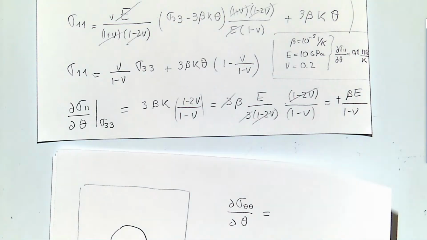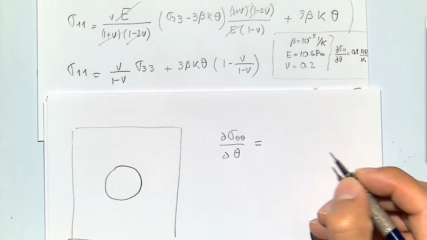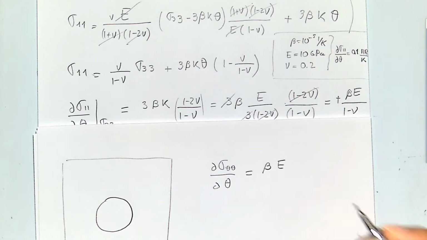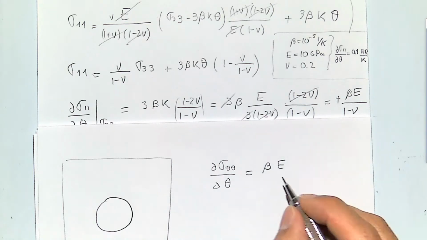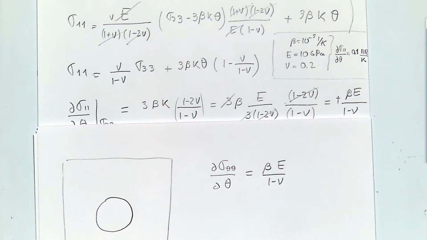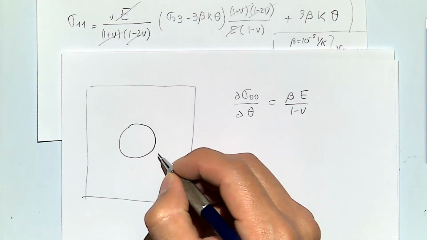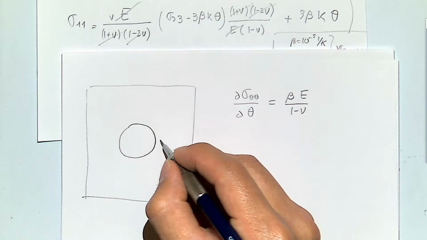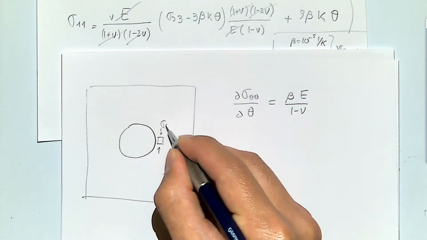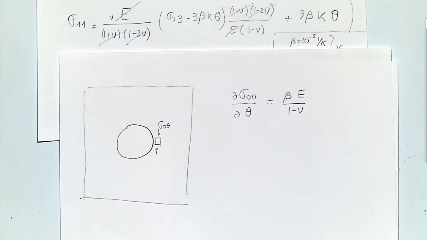It's very similar conditions, and this is just going to be the coefficient of dilation times the Young modulus. Actually, it's the same, divided by 1 minus the Poisson ratio. This would be the change of stress that you would get here in the tangential direction.